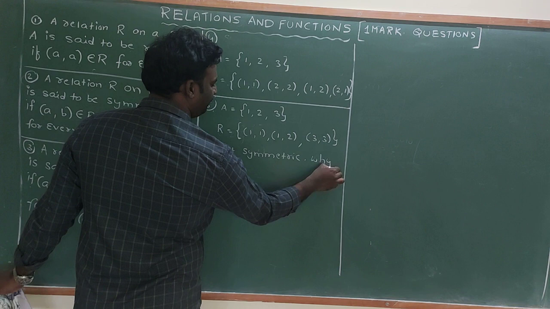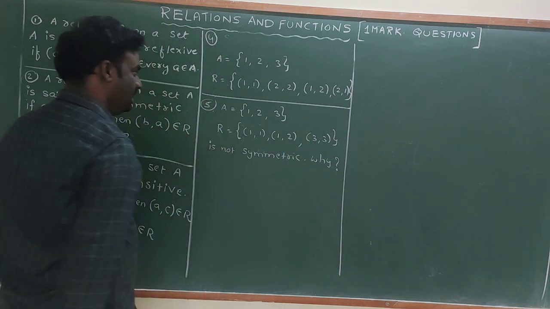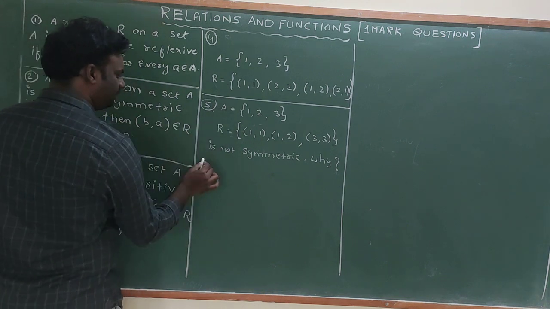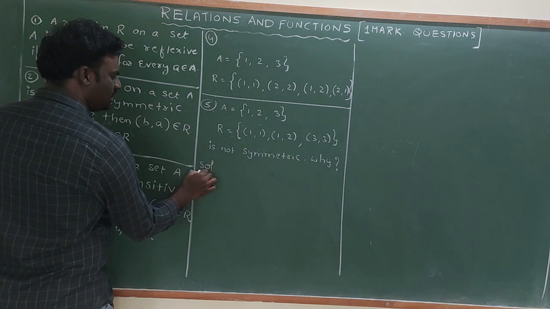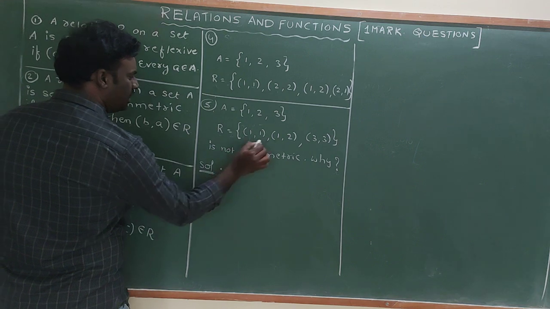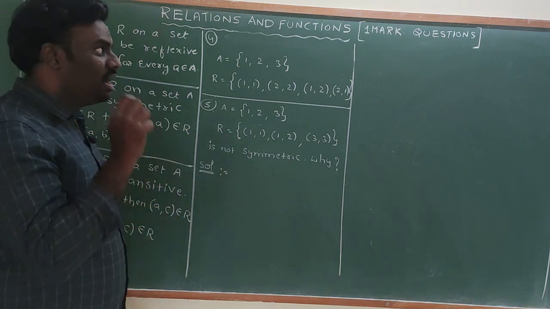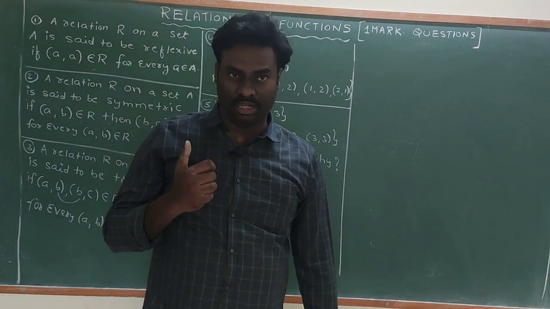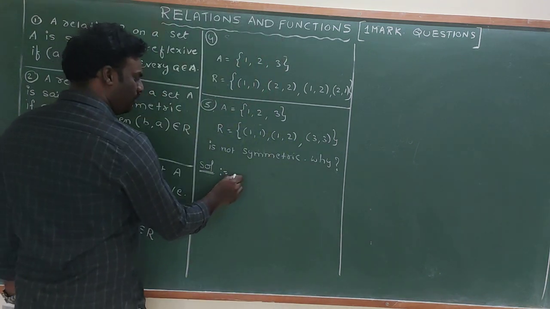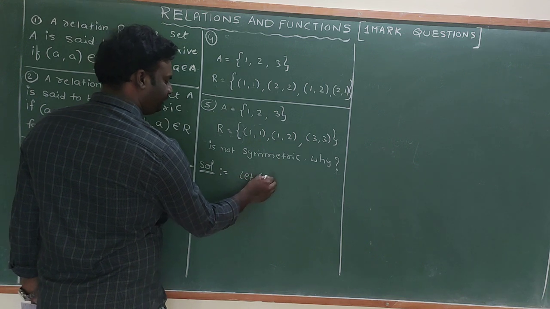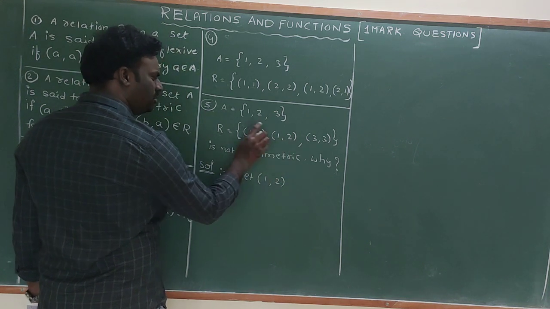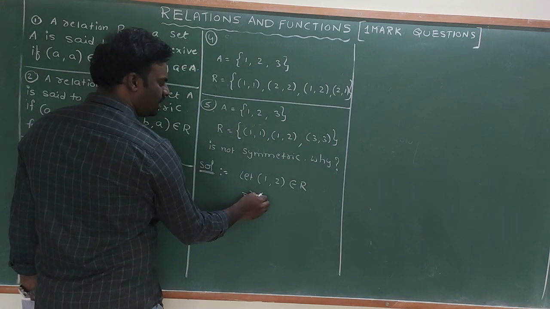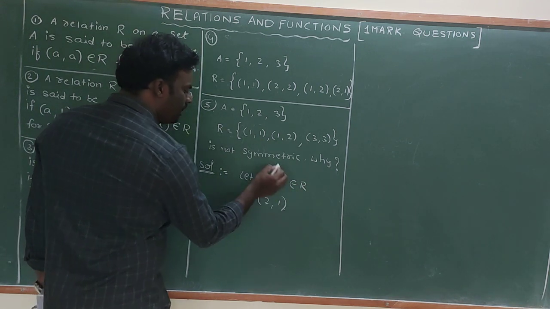Why? That is a question. It is not symmetric. Why? This is a question. See the answer. What is the symmetric definition? If A comma B belongs to R, then B comma A also belongs to R. So here I am taking 1 comma 2. 1 comma 2 is there in the relation R. The reverse of this 1 comma 2 will be 2 comma 1.